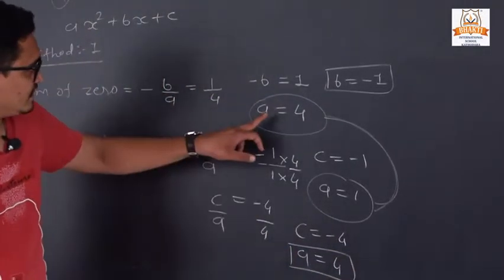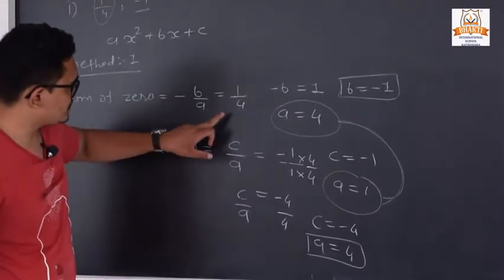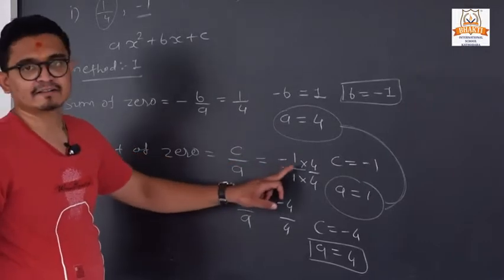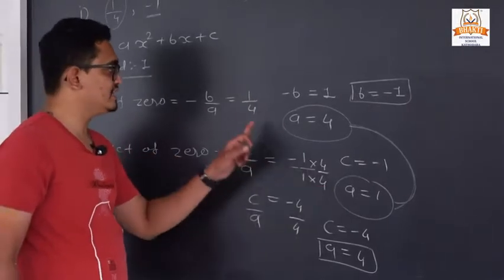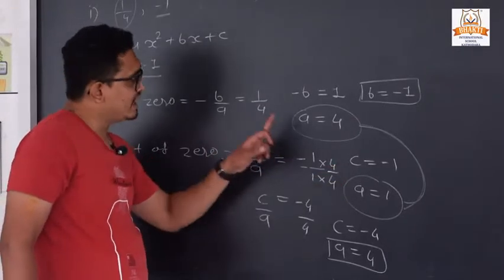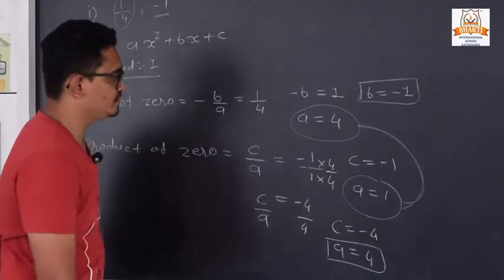So if the value of a in the product of zeros and sum of zeros are different, we will make a the same by multiplying. Clear? By multiplying any digit. If here it is 4, we multiply and divide with 4. And if here it is 2, we multiply and divide with 2.